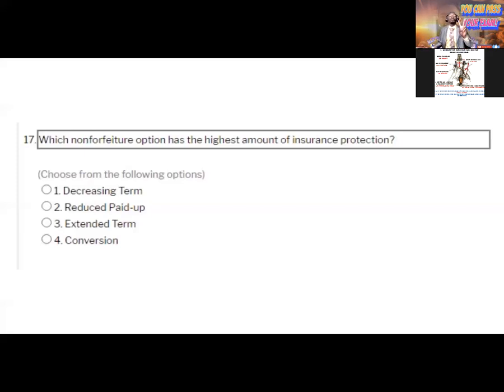So now you only have 2 choices to pick from: reduced paid up and extended term. Now, the answer to this question is extended term, because extended term is covered for the highest amount of protection, because it's covered for the same face amount as the whole life, except it is a term policy.